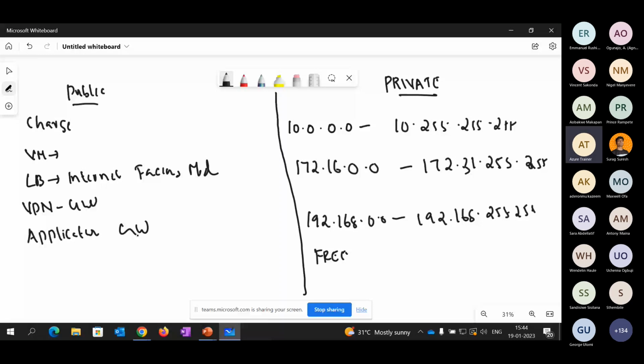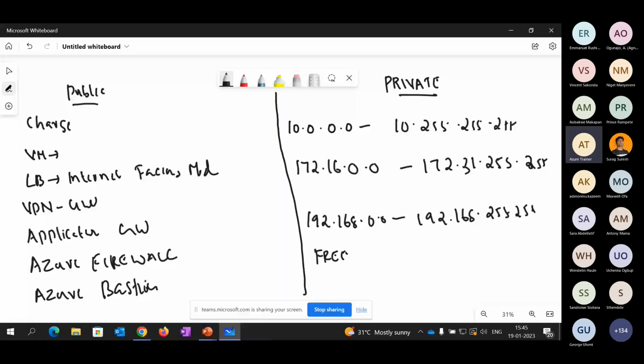If you are using Azure Firewall, that will have a public IP address. If you are using the Azure Bastion service, that service also has a public IP address. So these are the few components or services that generally use a public IP address in an Azure scenario.